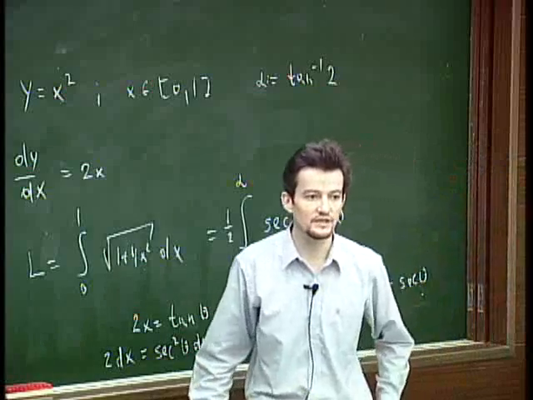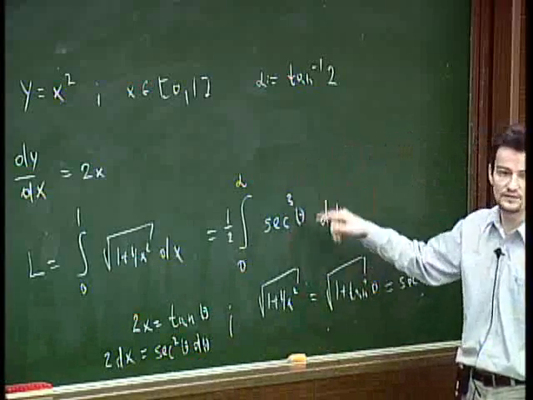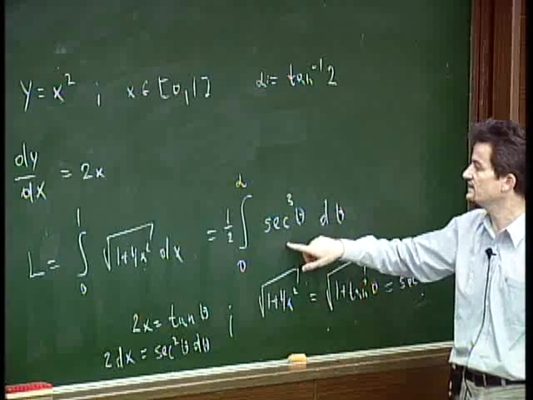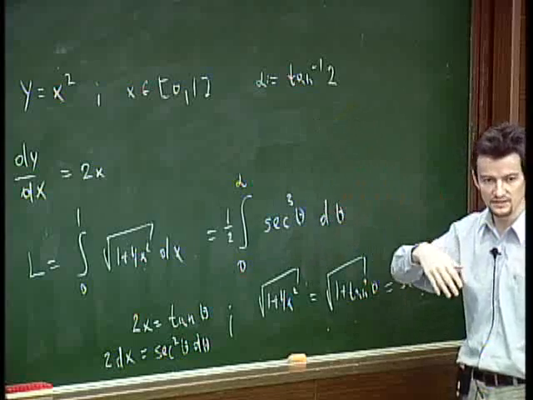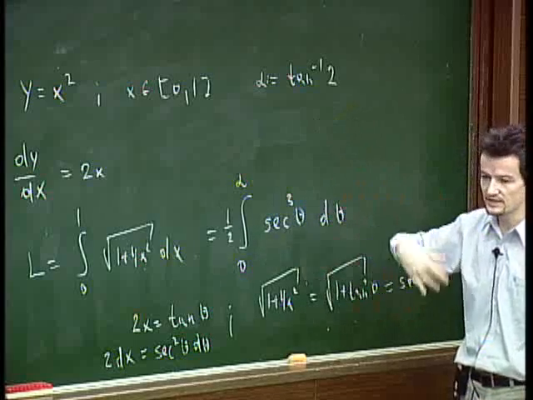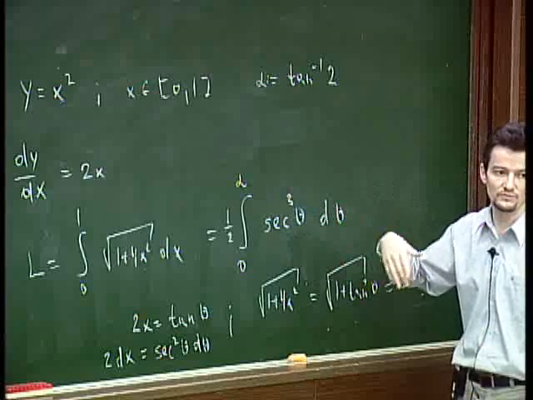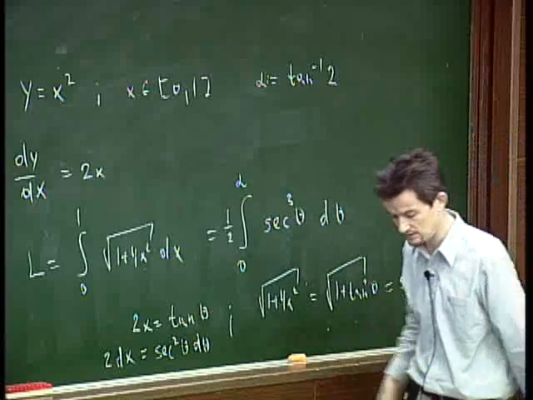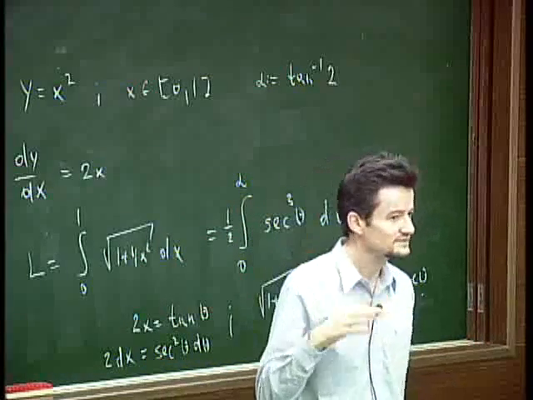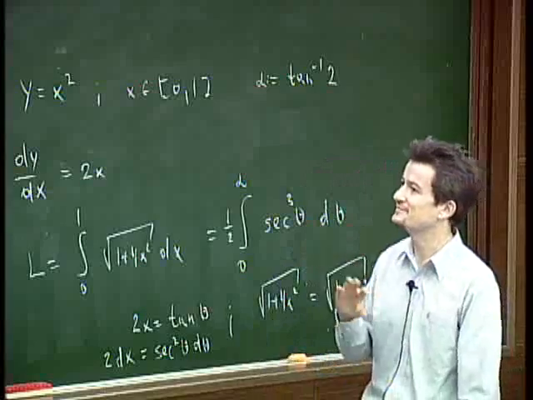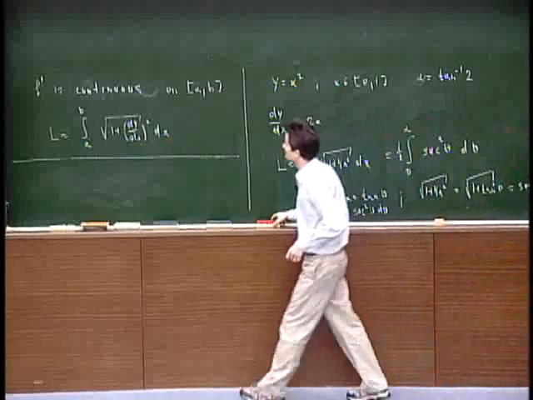We solved this already, because we found a recursion formula for secant to the n of theta, and we related secant to the n of theta to secant to the n minus 2 of theta. So this can be related to the secant of theta by partial integration. And the integral of secant of theta, we saw long ago, is the ln of the absolute value of secant of theta plus tangent of theta, or something like this. Secant times tangent plus secant squared in the absolute value.